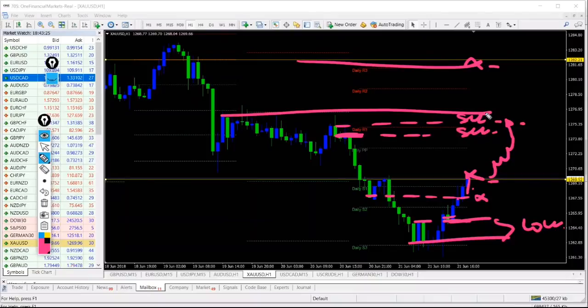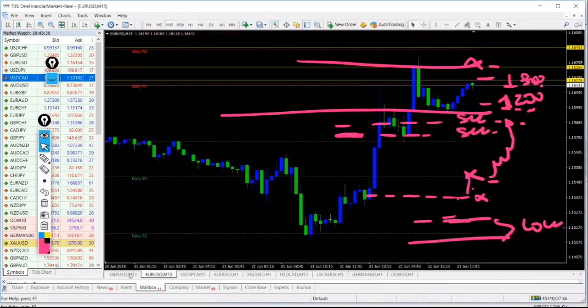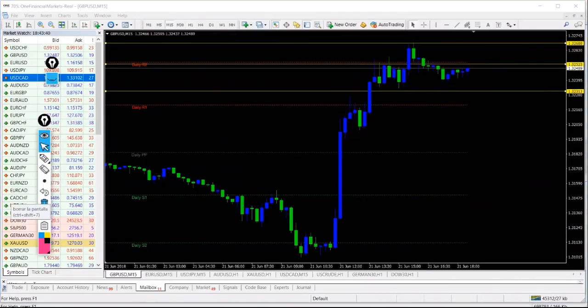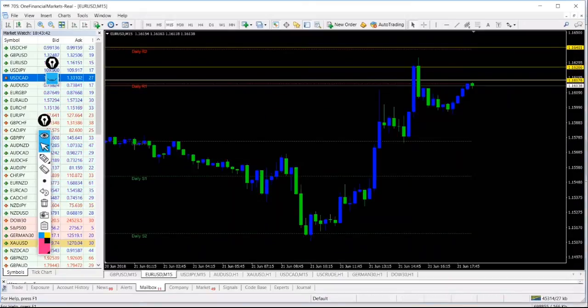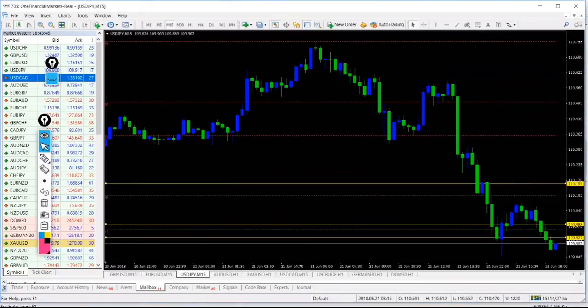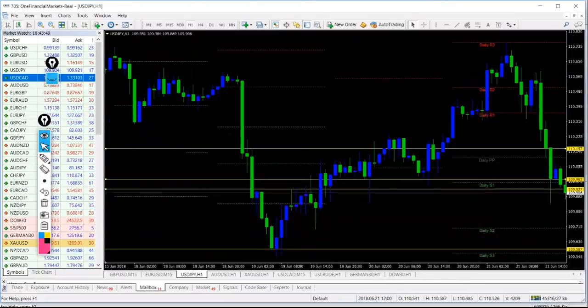But to buy, when you see that you are below 1300 and the market has all the possibilities to go after the 1200, then a buy transaction could give you a lot of headache, right? So the pound, yes, the market is going into the buyers, also the euro. The dollar yen is below 110 now, and below 110 is for sellers.